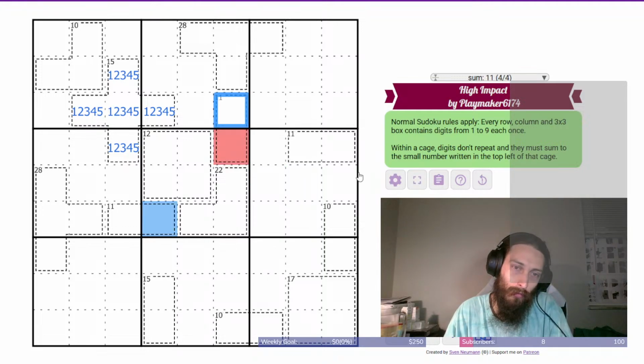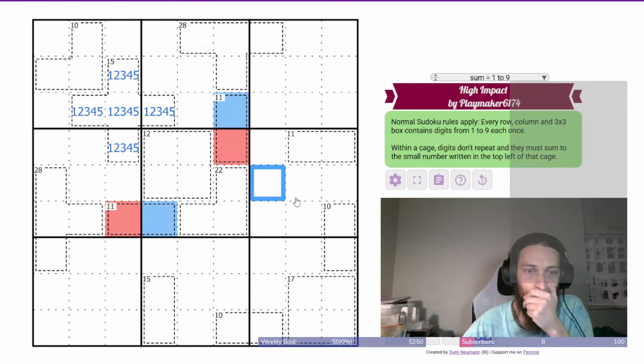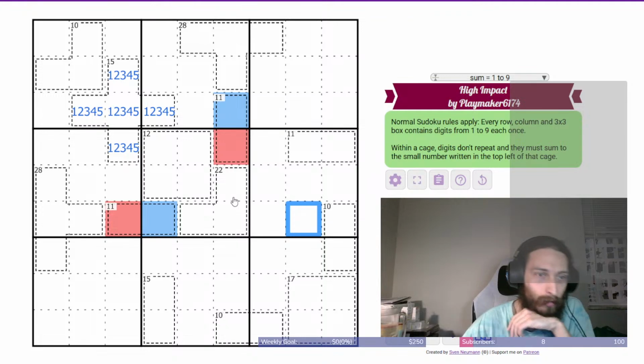Because these sum to 11, then this is like that. Okay, right. I don't know why that took me so long. It's very obvious once you said to just color them red and blue.